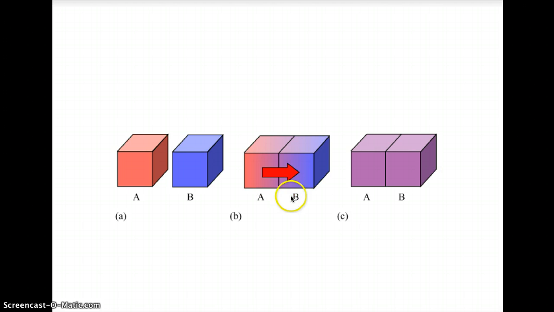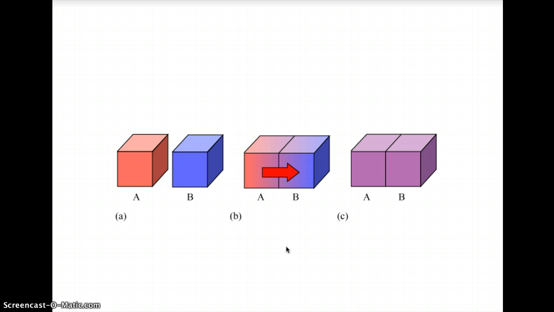Here's another way to think about it. You have an object A, which is the warmer object, and object B, which is the colder object, represented by that purplish color. And I want you to imagine we put this warm object and this cold object together, and what happens when they come in contact with each other is that the warmer object will transfer kinetic energy, because of their collisions, to the colder object.